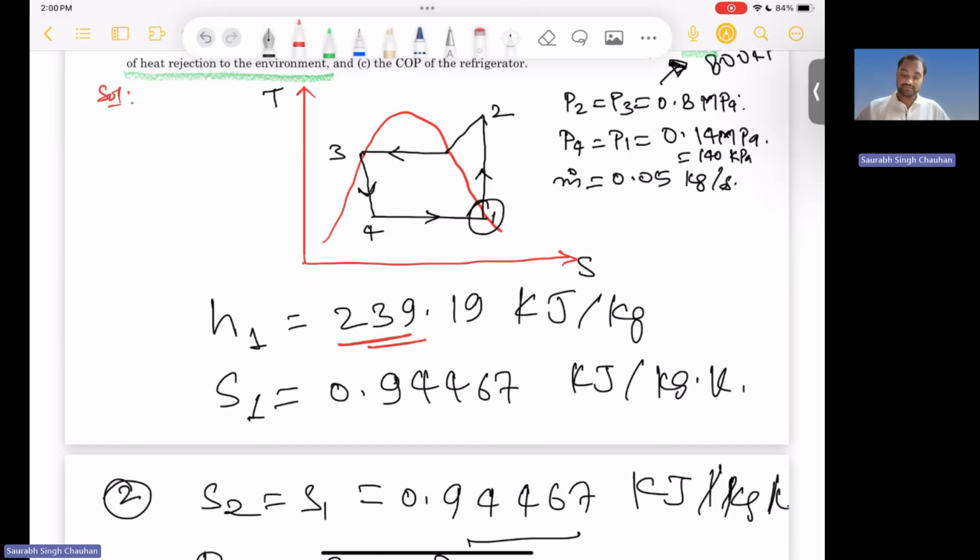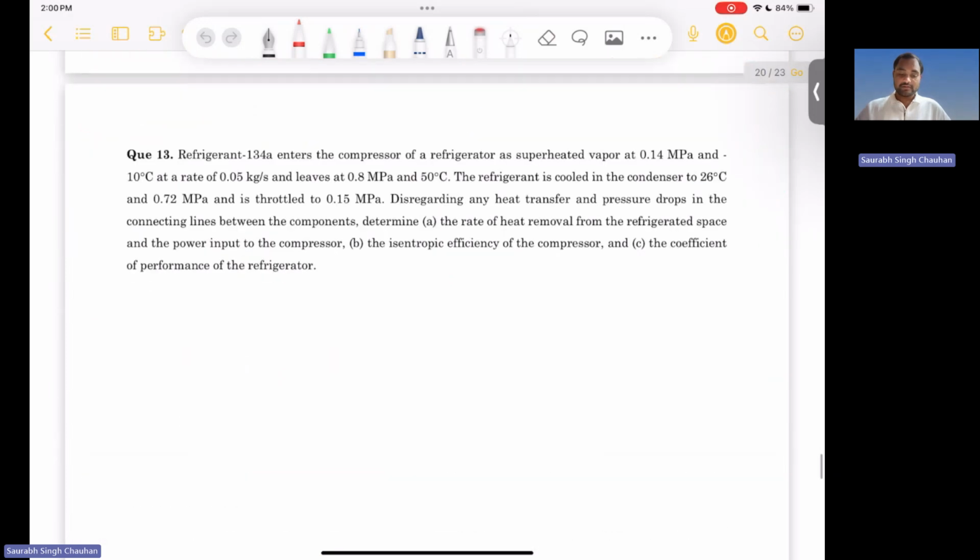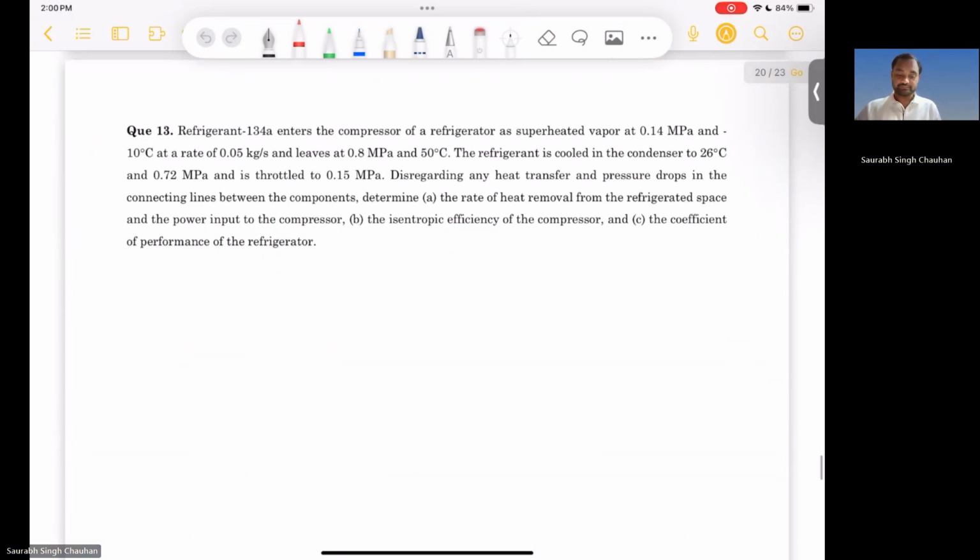Anyways, so this is what was asked and we have found all these values. If there is no doubt, then you should move to question number 13. Next question.